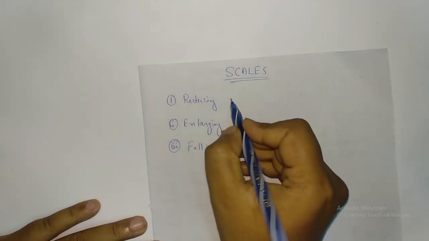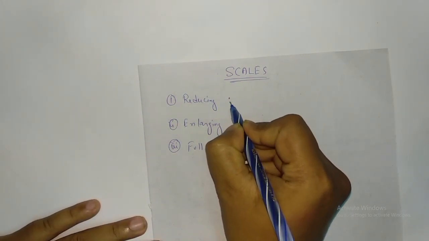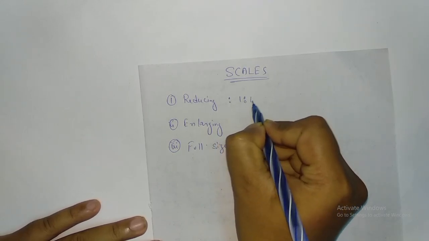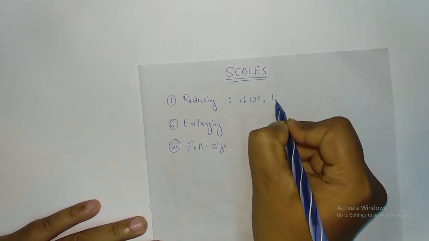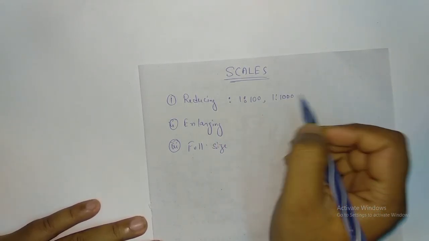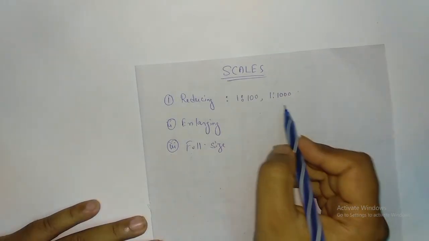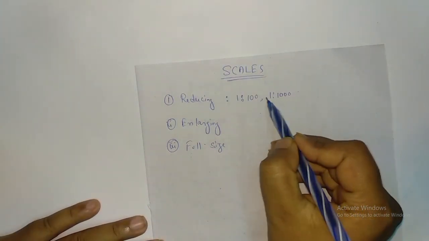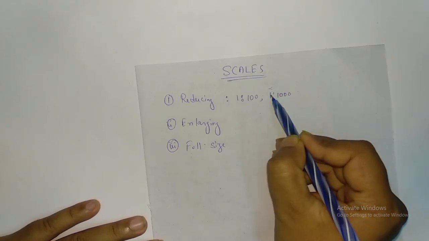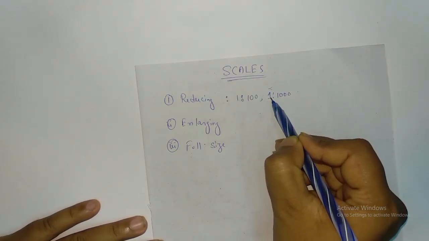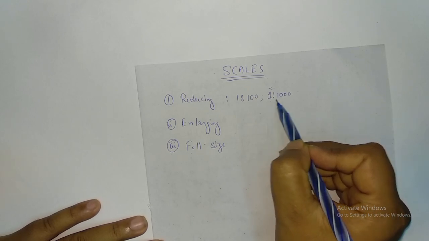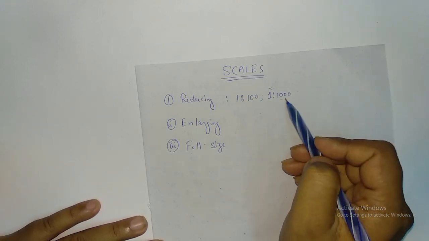Suppose this is in the ratio of 1:100, or suppose 1:1000. In this way the ratio we are going to take. Suppose this is the dimension which we are going to draw, and 1000 is the original dimension.